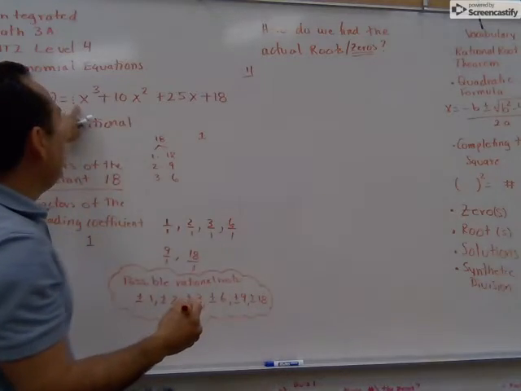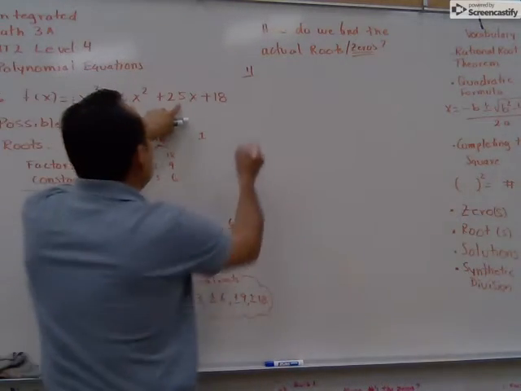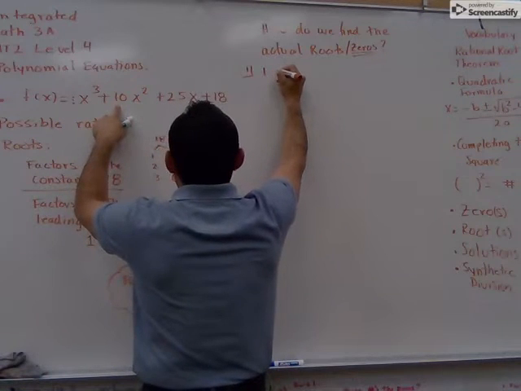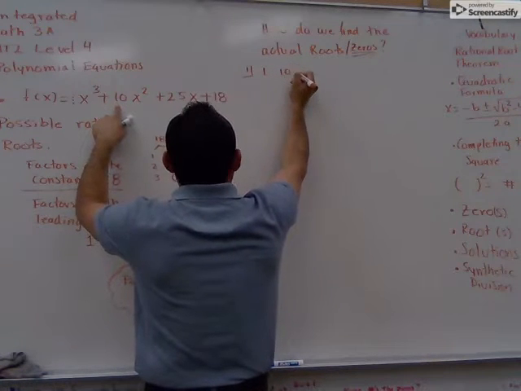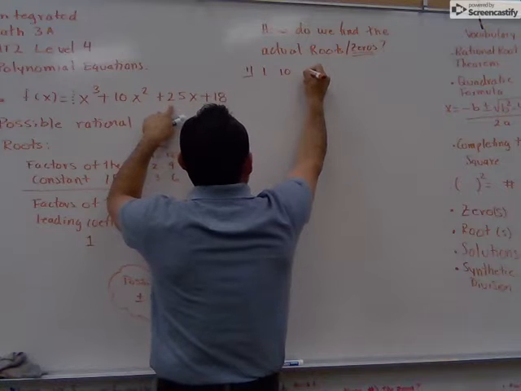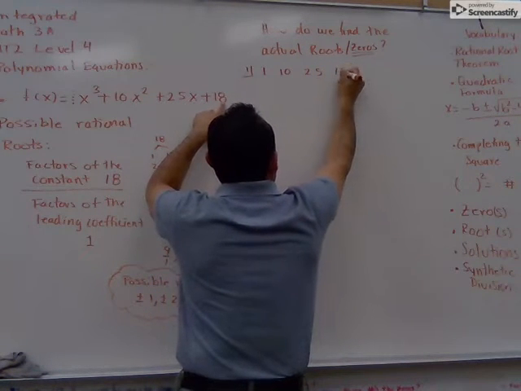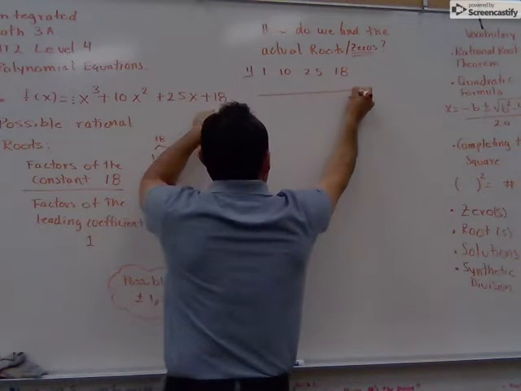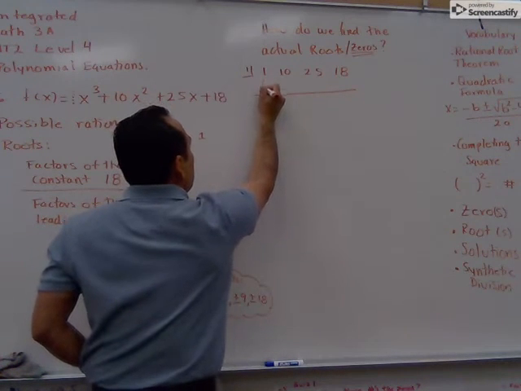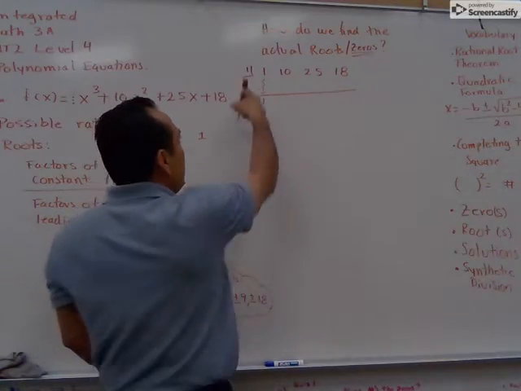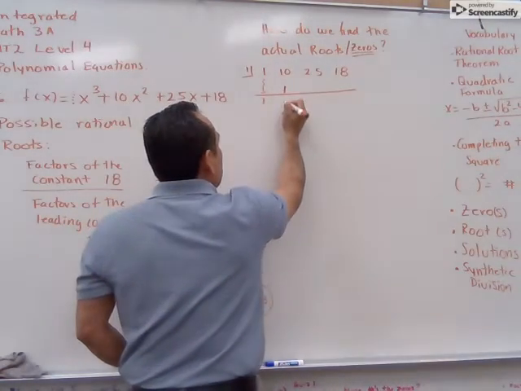Now you get each of the coefficients that are here, assuming that they are in descending order. So this is the coefficient of x cubed, coefficient of x squared, coefficient of x to the first power, and our constant is right here. Now drop the 1 first. Multiply 1 times 1, that gives me 1.